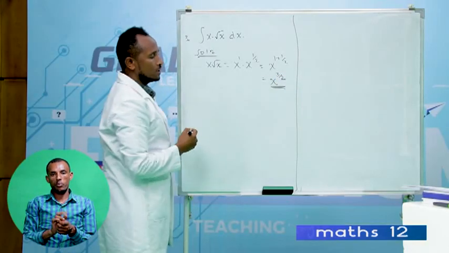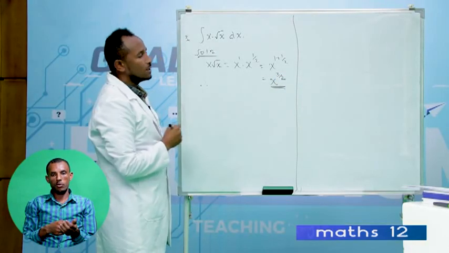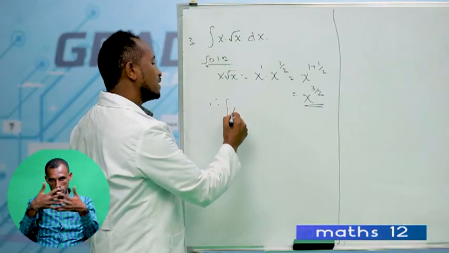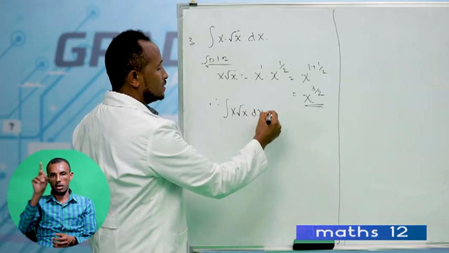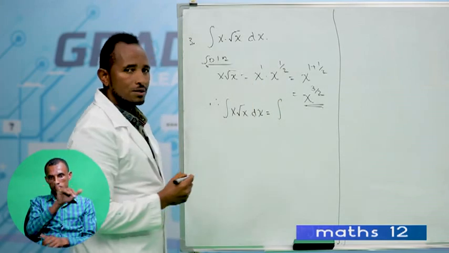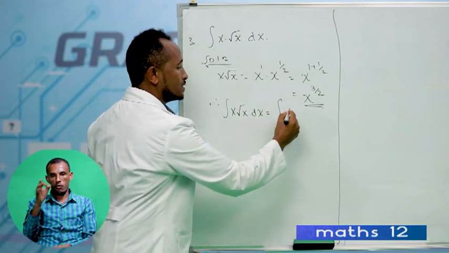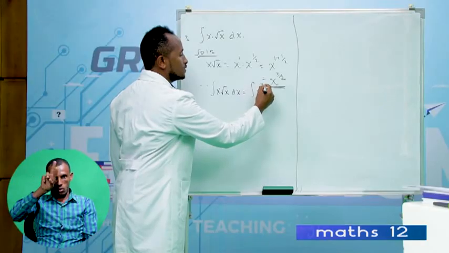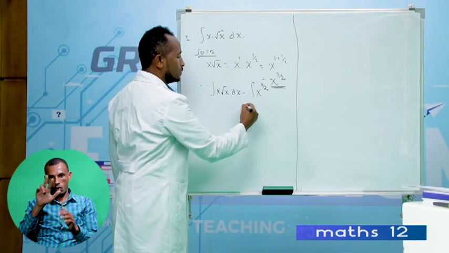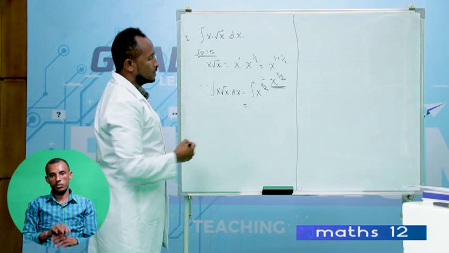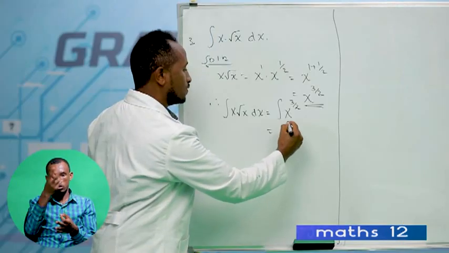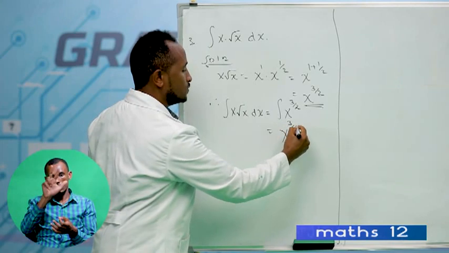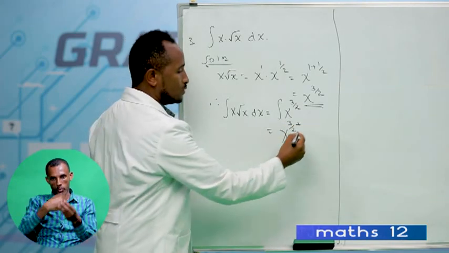Therefore, the integration of x root x dx is equal to the integration of x to the power of 3 over 2. The integral of this expression is simply x to the power of 3 over 2 plus 1.